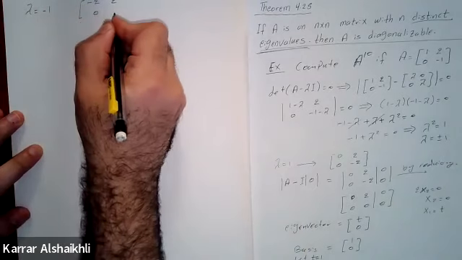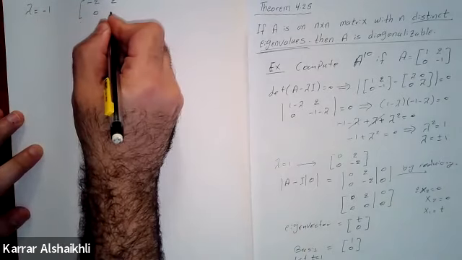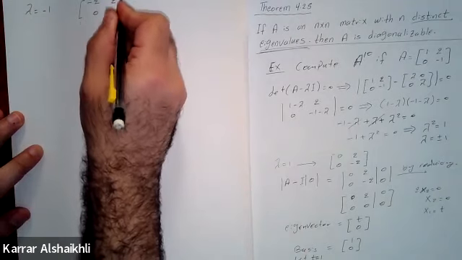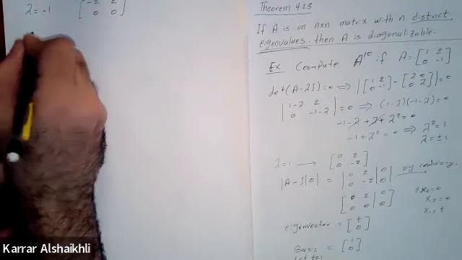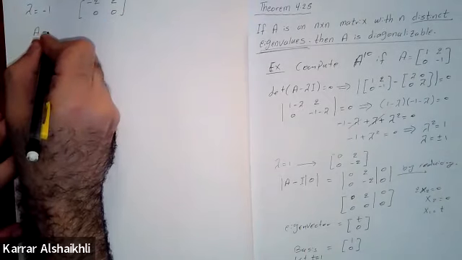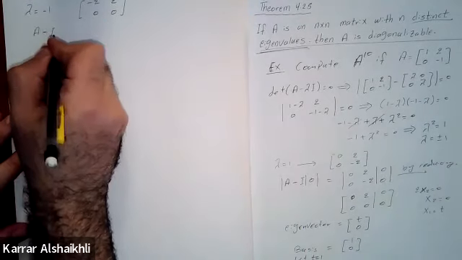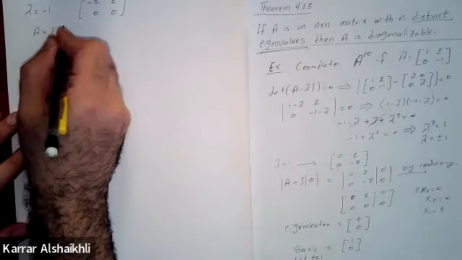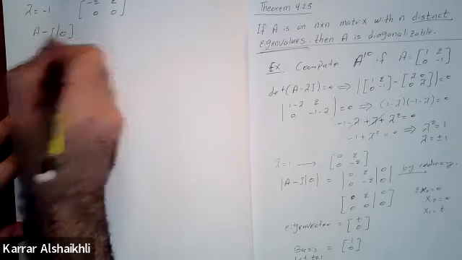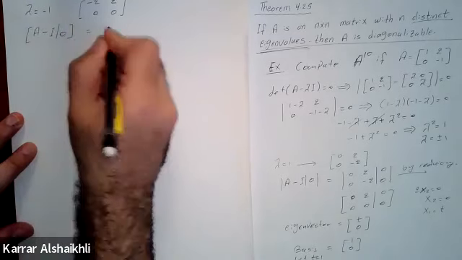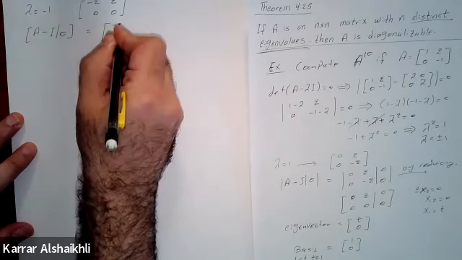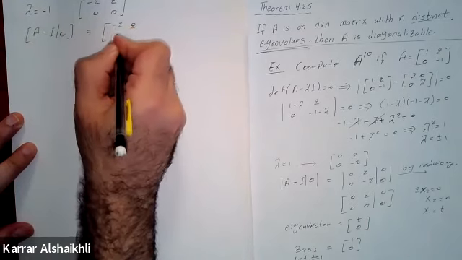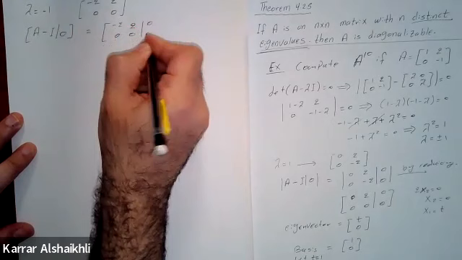This one is going to be 0, because -1 plus 1 is going to be 0. So A minus I with the 0 means this one is going to be -2, 0, 2, 0, 0 with the 2 zeros.